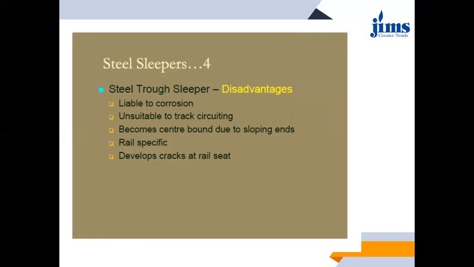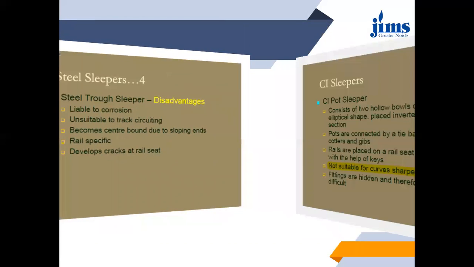That means only a certain kind of rail can be used on a specific sleeper. Otherwise, if you want to use a different kind of rail, you have to redesign the sleeper, and the grooves which we were talking about in the earlier image have to be cast accordingly. Also, cracks develop at the rail seat whenever we make use of steel sleepers.